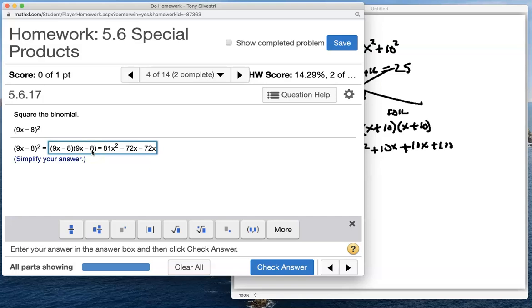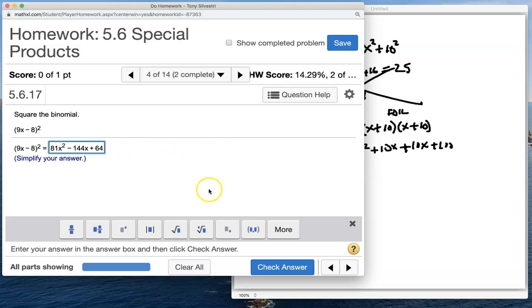And then we got minus 8 times minus 8, plus 64. Remember, this is the first, outer, inner, last. And so the end answer is going to be 81x squared minus 144x plus 64. And that's going to be your answer right there.